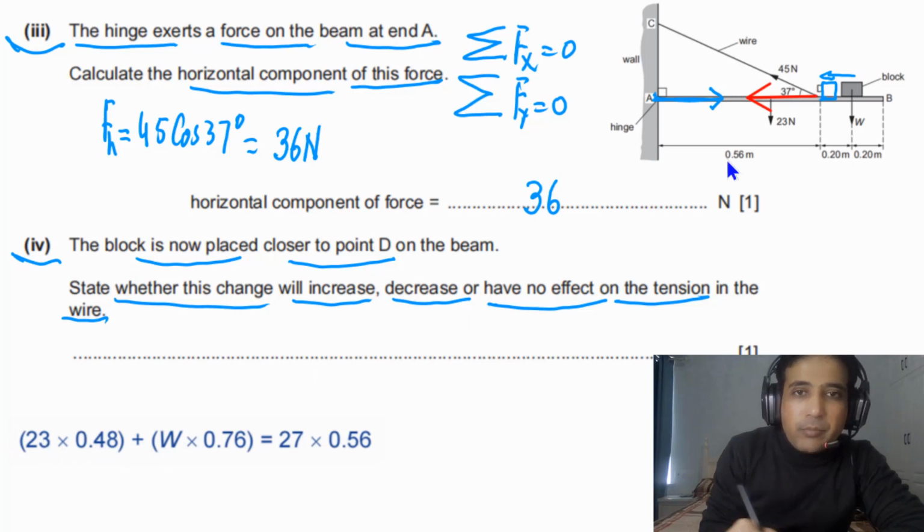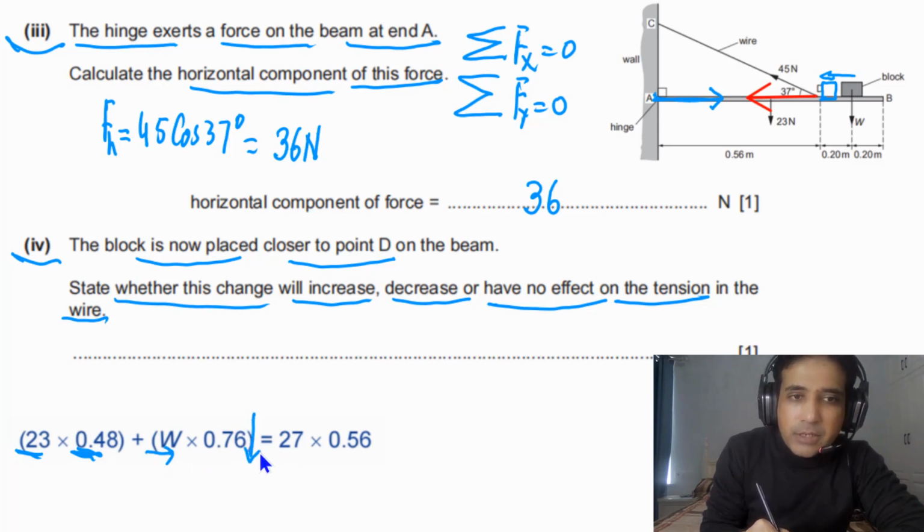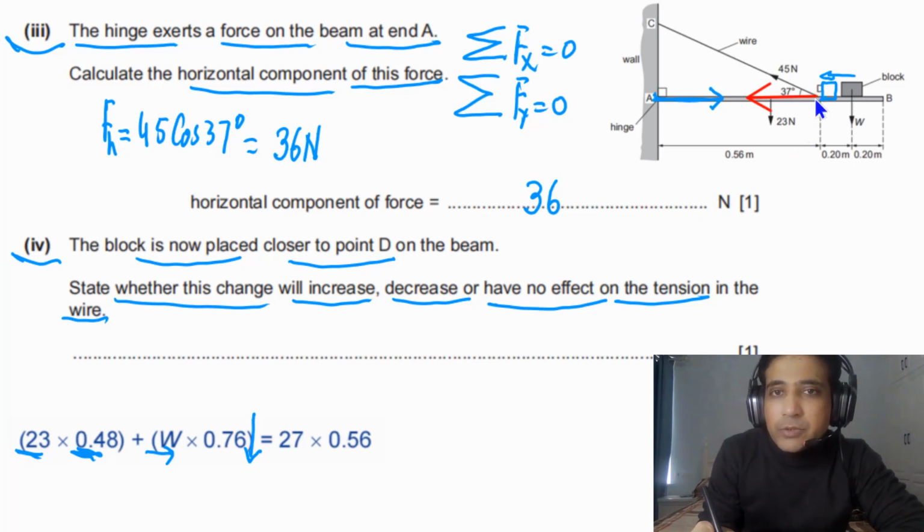Moment due to weight doesn't change because force is the same, distance is the same. Moment due to this W has decreased because this is the same, but this distance has been decreased. So the moment due to this weight of the block has been decreased. Now we need to look at the moment due to the vertical component, or simply we can say moment due to force in this wire, and that distance doesn't change, means the distance of force from the pivot doesn't change.